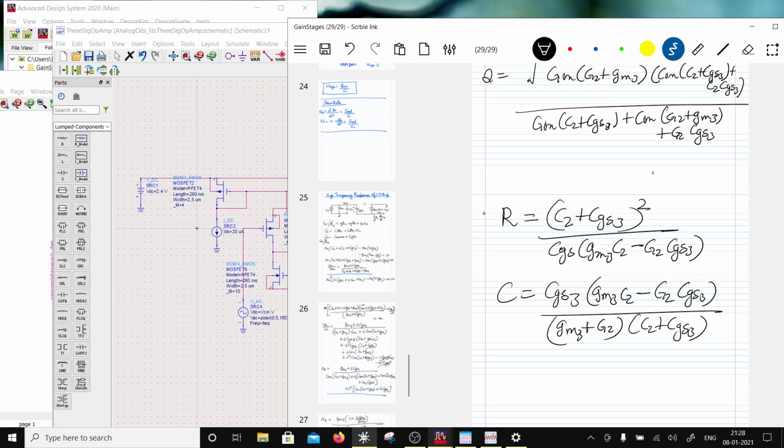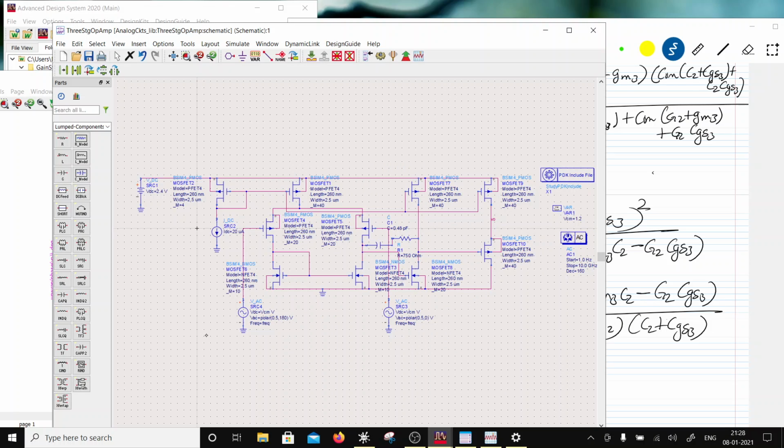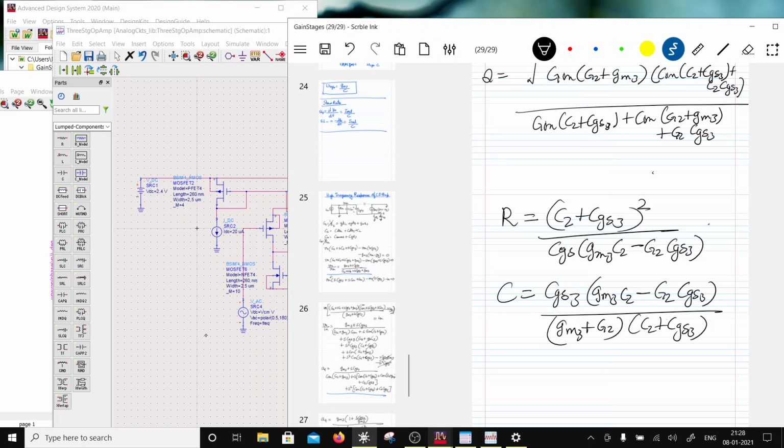Okay, so you can derive these equations and you can find some number of books where you will find this derivation for frequency compensating a common drain amplifier, so that you have proper damping, and this is basically a critically damped case.